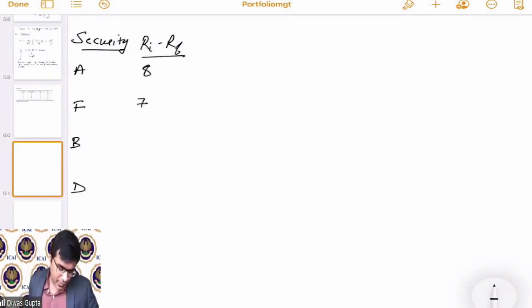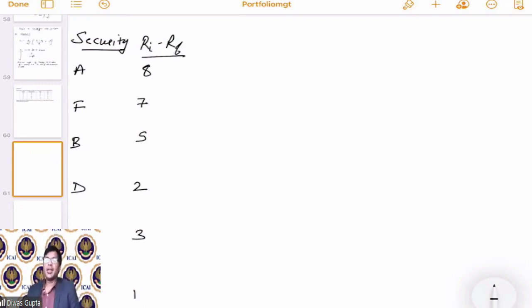Third one is B, so B is 5. Then the fourth one is D, which is 2. Then C is having 3 and then 1. 8, 7, 5, 2, 3, 1.